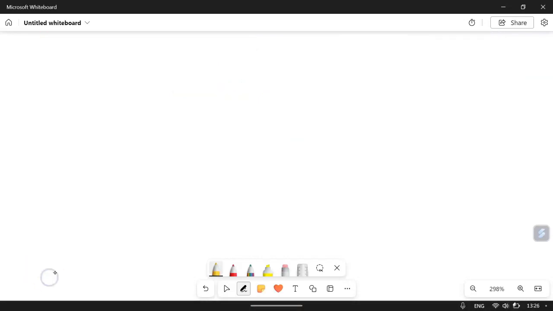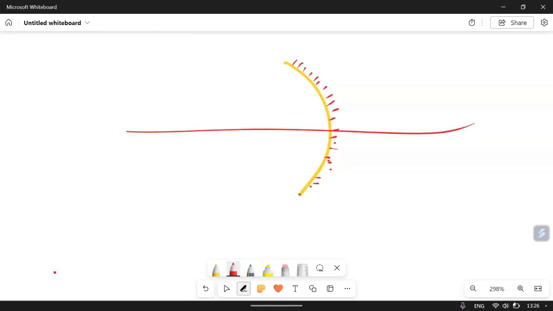Now let's draw the concave mirror first. This is your concave mirror. Okay, draw the principal axis line. This is your principal axis line. Mention the points: pole, focus, center of curvature here.